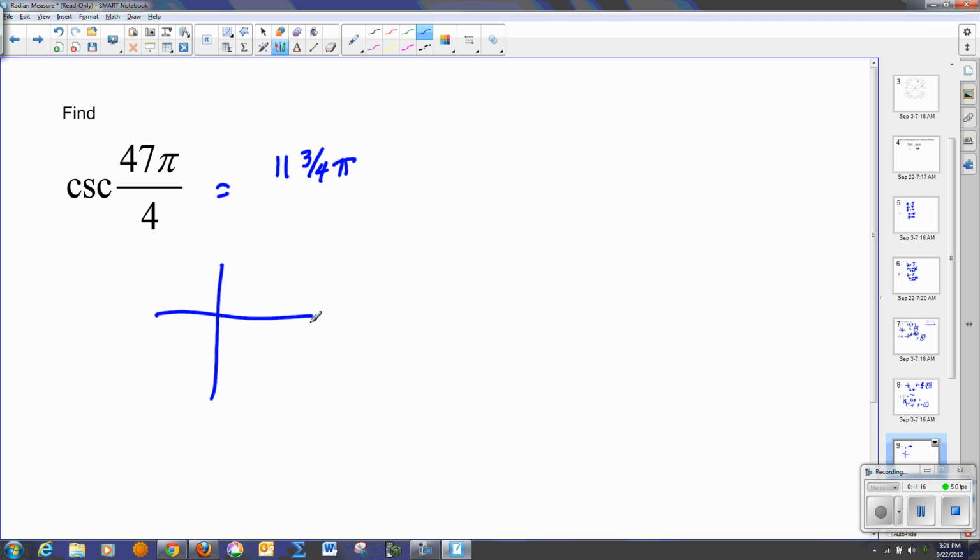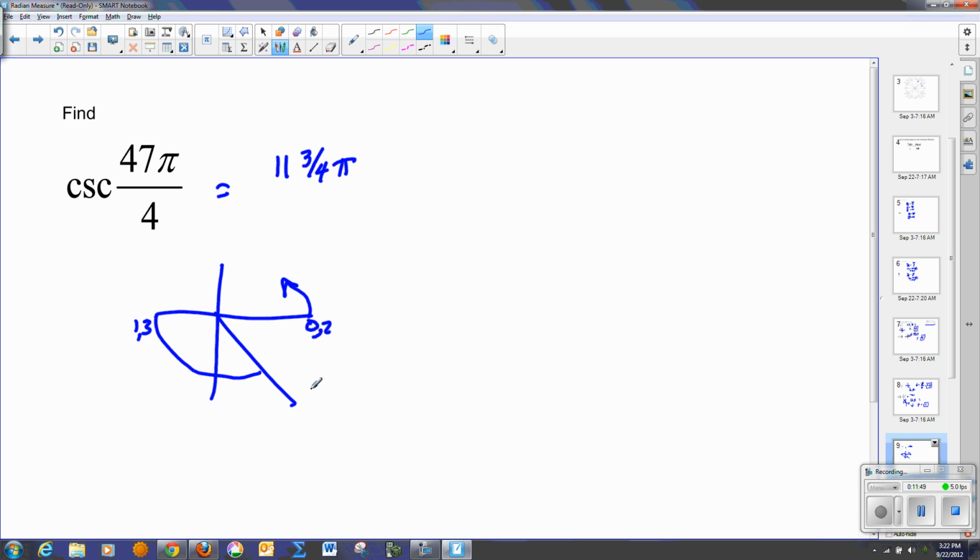If this is 0, 1, 2, 3, and you'll notice the pattern here, everything on the right is an even multiple of pi, everything on the left is an odd multiple of pi, and I'm going this time in a counterclockwise fashion. So 11 pi puts me on this axis, and then I need to go 3 pi over 4 more, which puts me in the 4th quadrant.